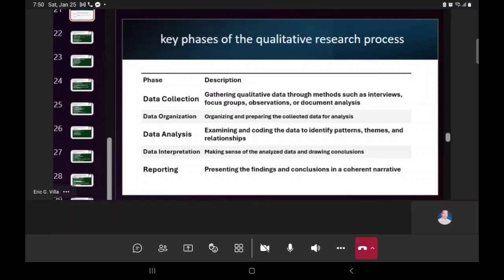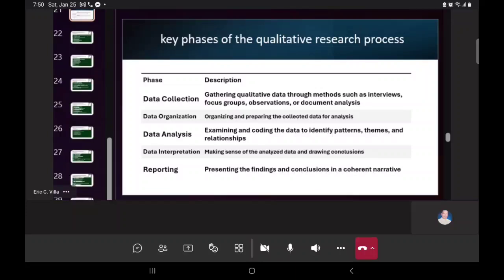Data interpretation follows analysis and involves making sense of the coded data and exploring the relationships between themes. Researchers critically examine the data, compare different codes, and identify overarching themes and connections. In our example, the researcher might interpret how emotional stress relates to coping strategies used by nurses.